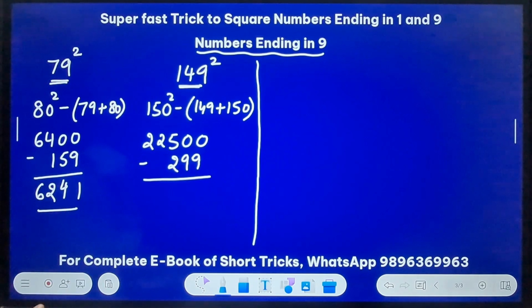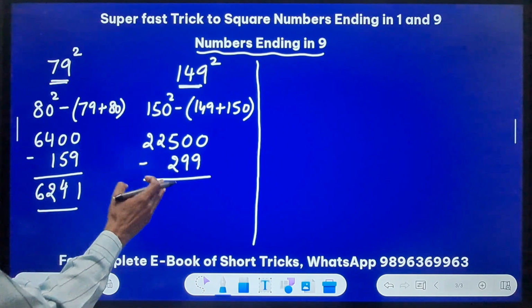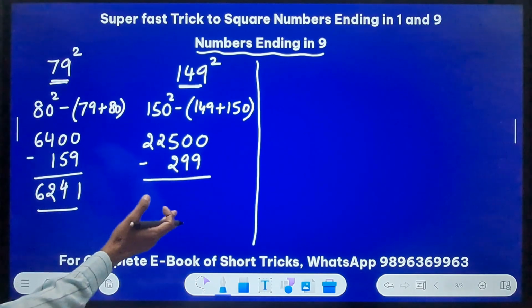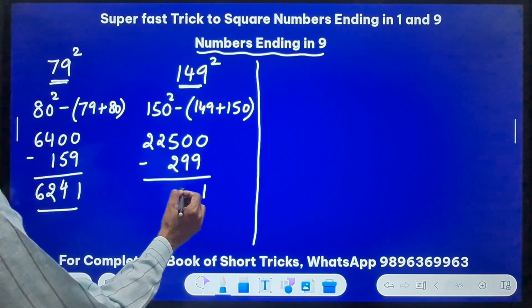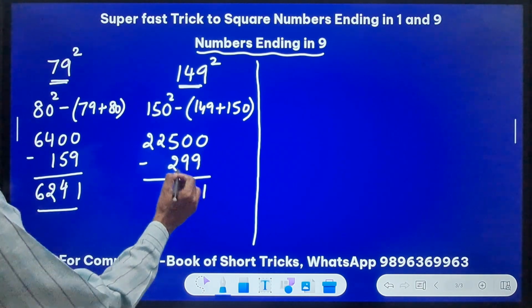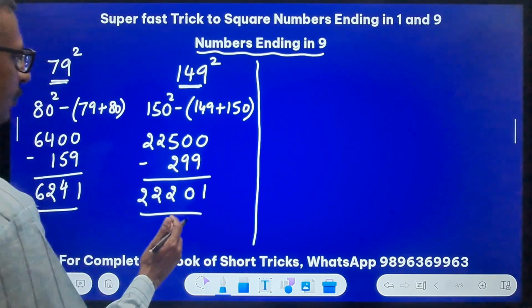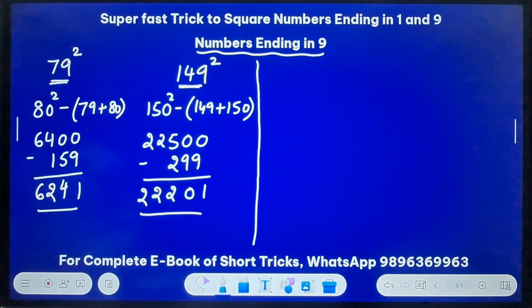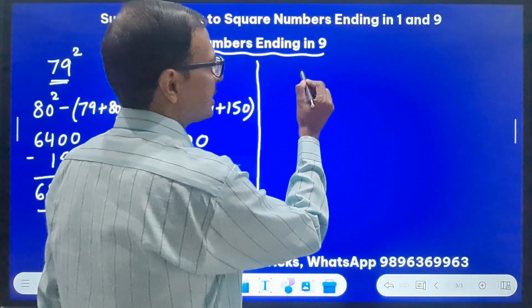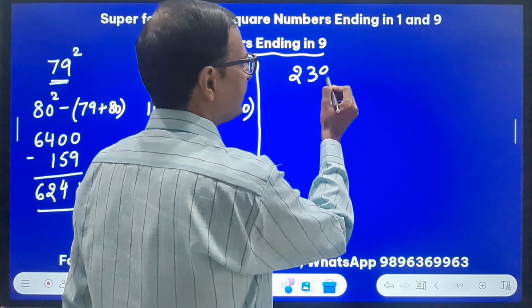So you should always remember, we are subtracting here, and on the previous slide we added. So this becomes 1 and then a 0, and then 4 minus 2 is 2, and then a 2 and a 2. So 22201 is the square of 149.